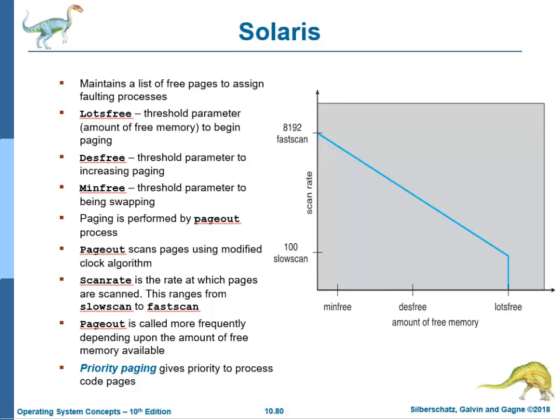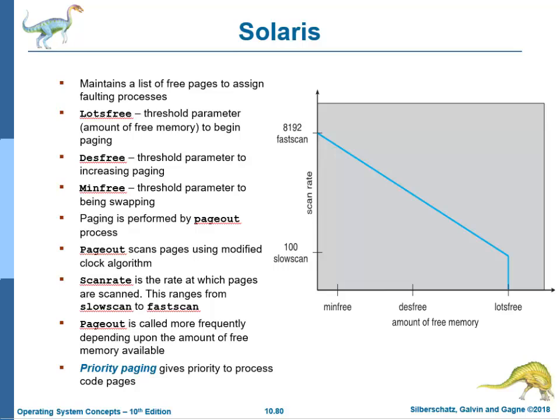The scan rate, which is the number of pages scanned per second, and the hand spread, which is the number of pages between hands, can vary. If free memory drops below a certain level, the operating system initiates swapping. The page scanning algorithm skips over pages belonging to libraries being shared by several processes.